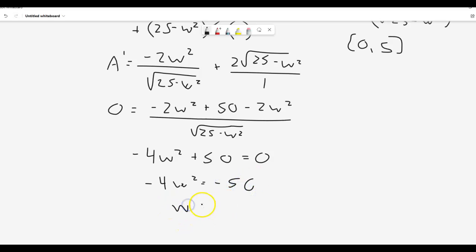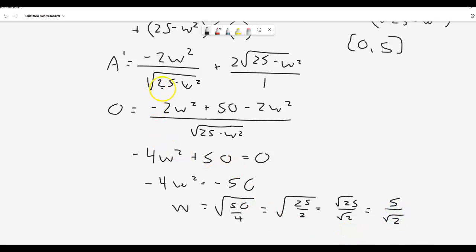And W is going to be equal to the square root of 50 over 4, which is the square root of 25 over 2, which is equal to the square root of 25 over the square root of 2, which is equal to 5 over the square root of 2. All right, so that is our width.